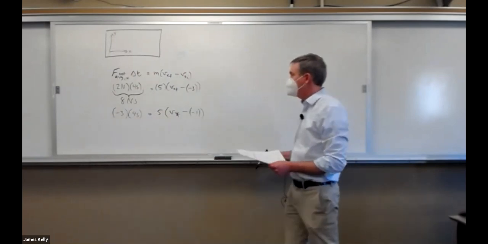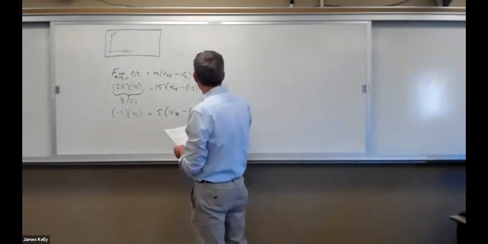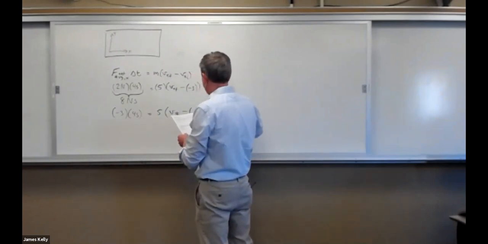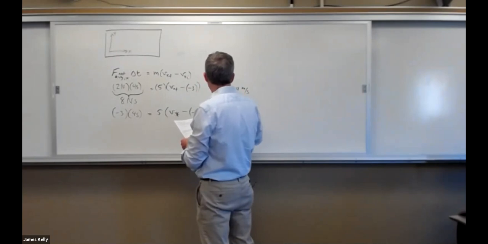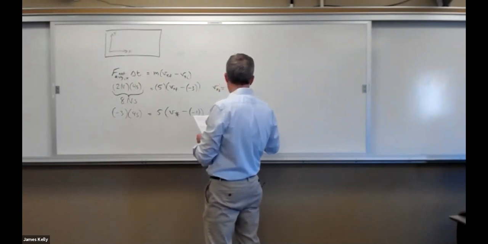Okay, and I can solve for Vx final and Vy final. It's not so exciting. They're both negative at the end. Vx final is equal to minus 1.4 meters per second. Vy final is equal to minus 3.4 meters per second.